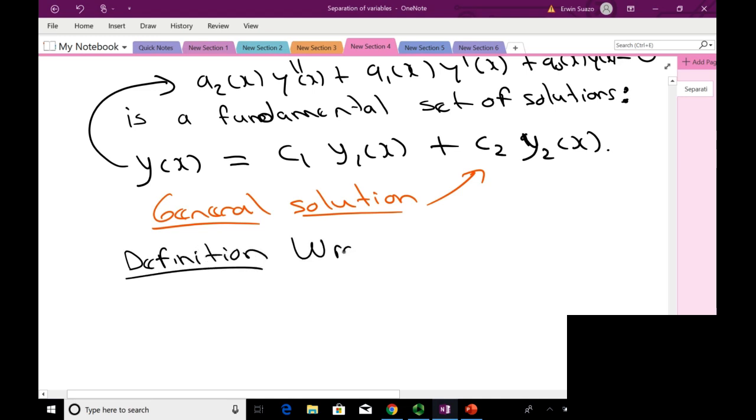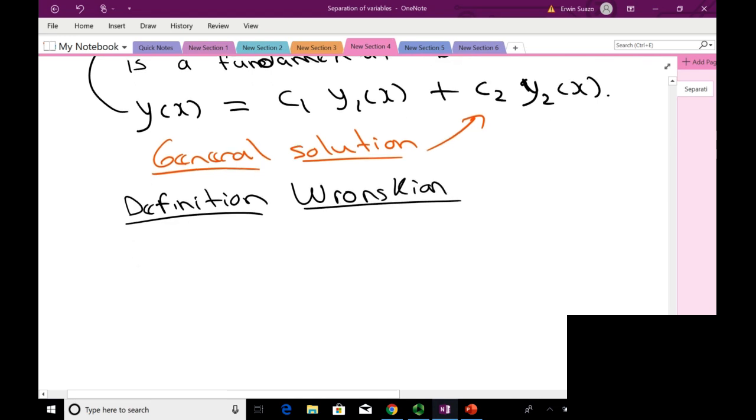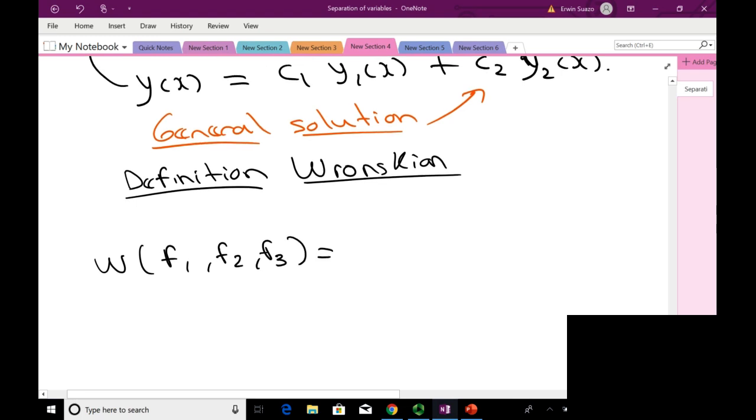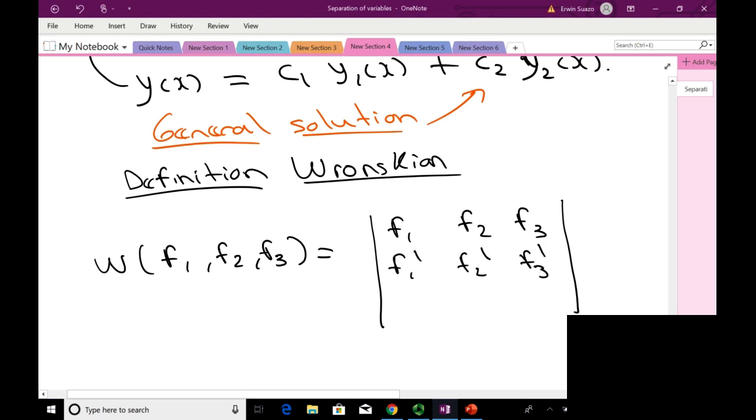The Wronskian of, let's say, 3 functions will be the determinant of each function, then the derivative of each function, then here the second derivative of each function.